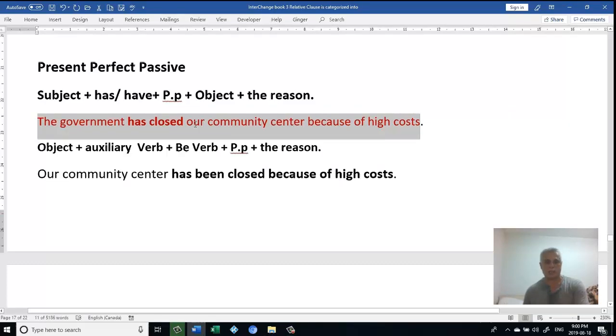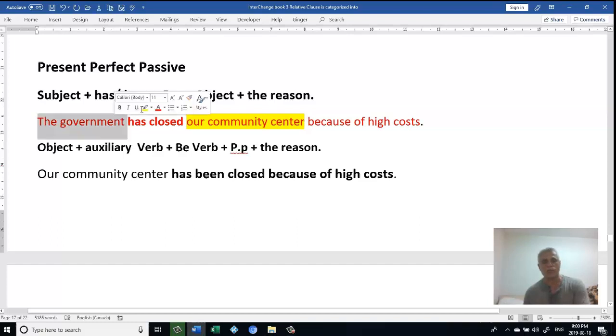Let's go how we're gonna make it. We're gonna take the object, this one, then we're gonna position it instead of the subject. Then we take the subject, we position it to the end. Sometimes we say by the government, or sometimes we don't need to mention the agent.